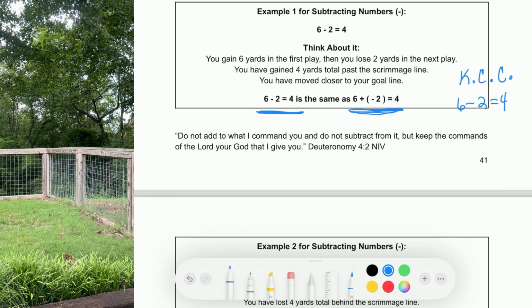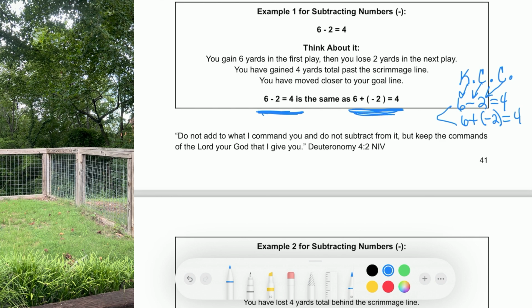We're going to change the minus to plus, that plus 2 will become a negative 2, and the rest is going to stay the same. So keep, change, change. Now you'll see how these two are actually the same problem.